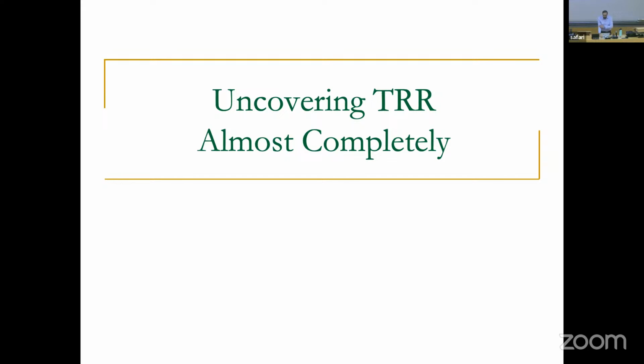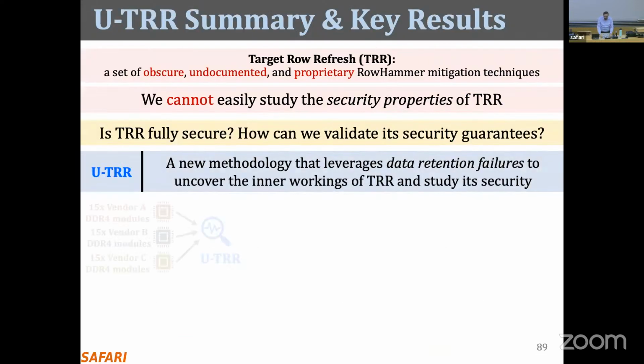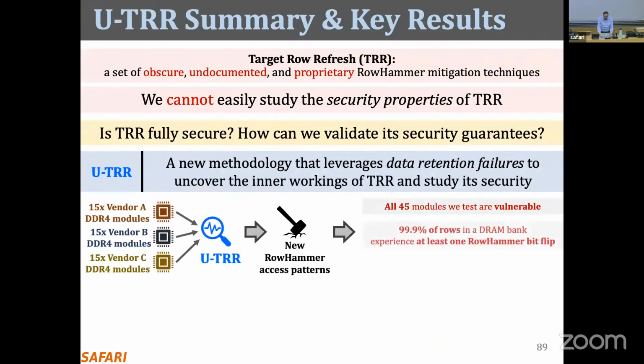Okay, so another paper that is a follow-up of the paper that I just described, published in MICRO 2021, dives more into how these mechanisms work. It reverse engineers these mechanisms by leveraging their data retention time characteristics. And it shows that in 99.9% of the rows that are tested, at least one RowHammer bit flip is observed.